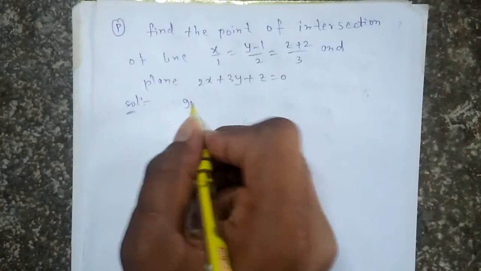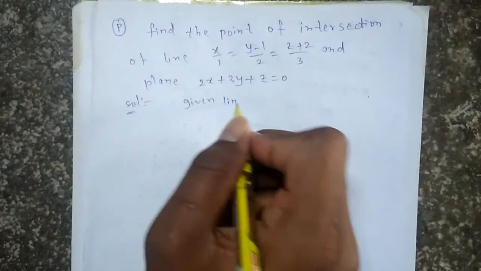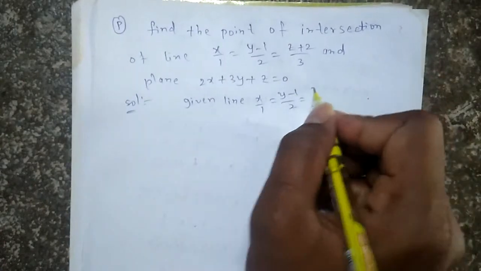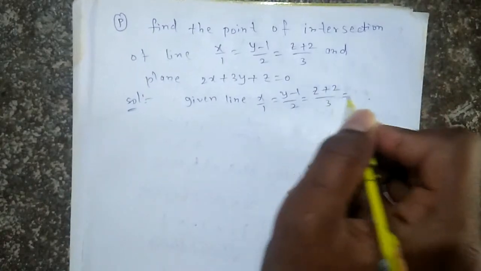So the given line is x by 1, y minus 1 by 2, z plus 2 by 3. Let us take it as t.